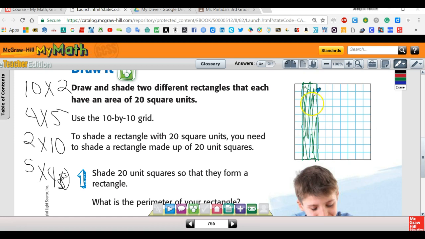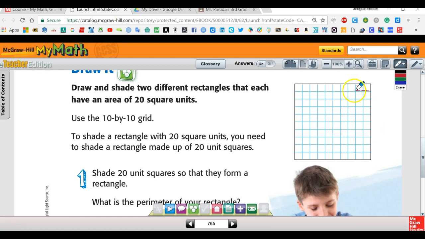Could I also do one with 4 and 5? I'm going to go across to 4, go down 5, go across 5, down 4, and make a rectangle. So this area is also 20.